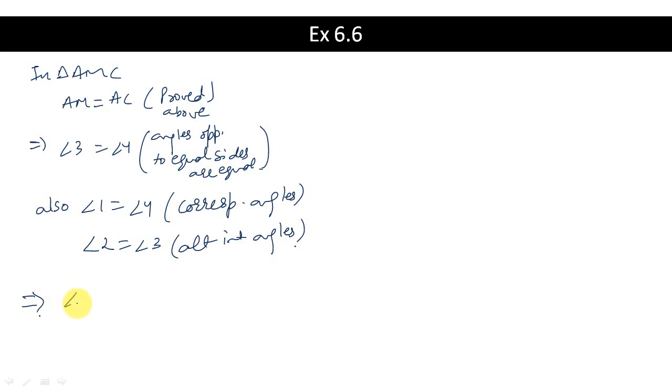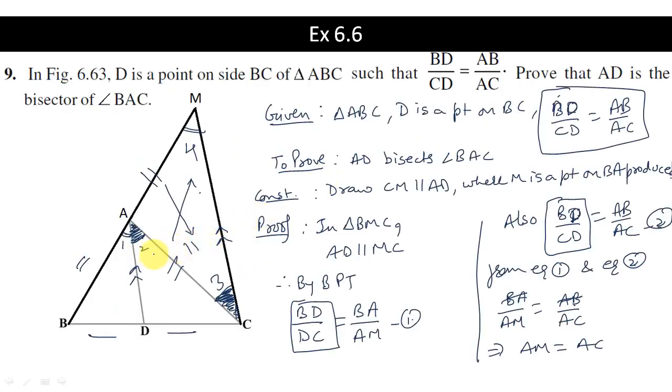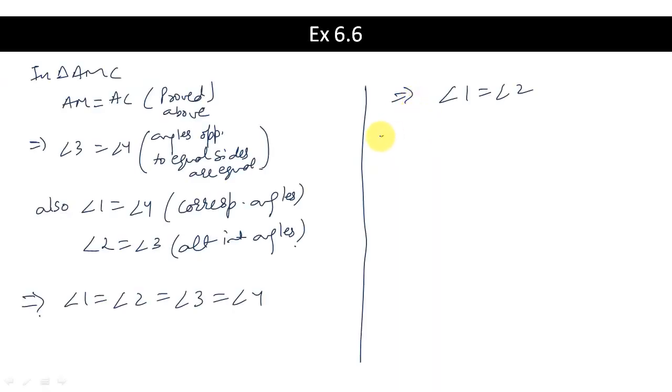We can conclude that angle 1 is equal to angle 2 is equal to angle 3 is equal to angle 4, but we need only angle 1 and angle 2. So angle 1 is equal to angle 2, which means AD is the bisector of angle BAC. This implies AD bisects angle BAC. Hence proved.